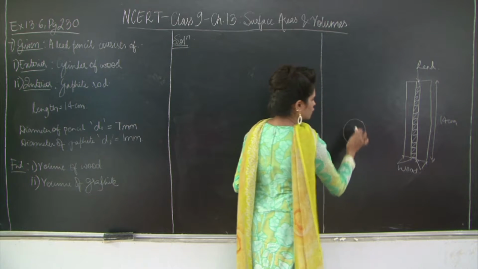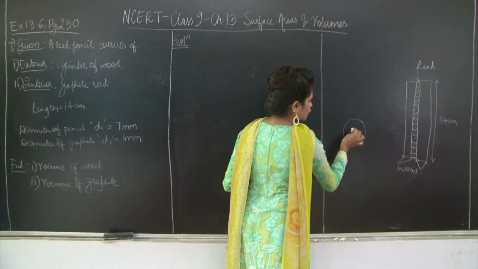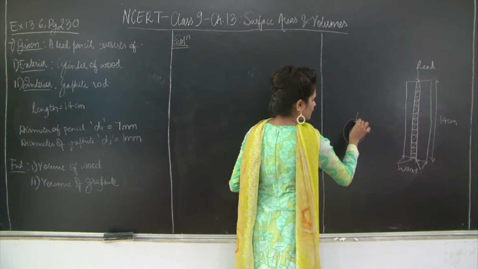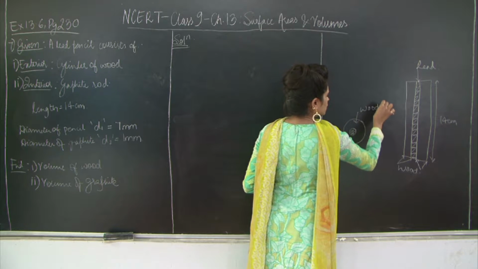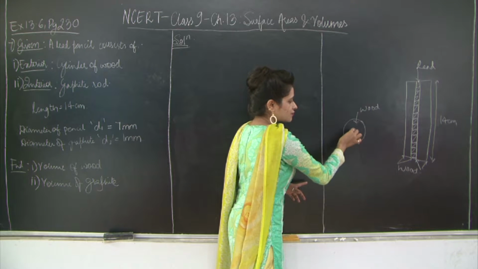When you look at the base of the pencil, it's going to be in the form of a circle. This portion is your lead and this portion is your wood, right? The unshaded region is your wood. So we will have to subtract this radius from here.